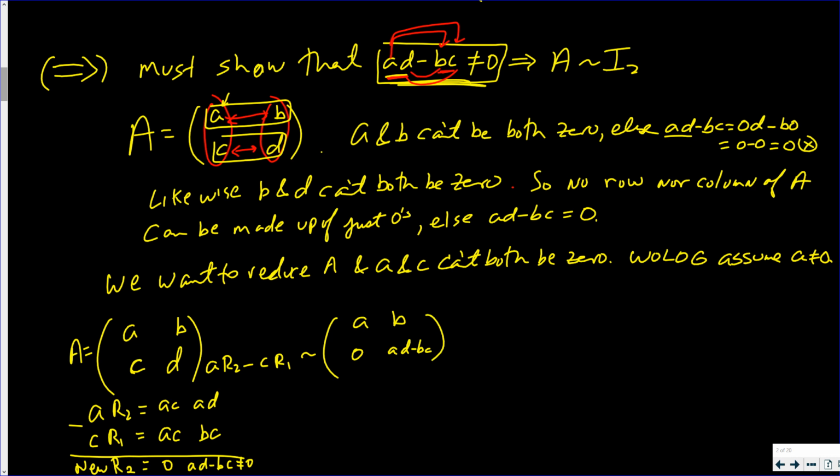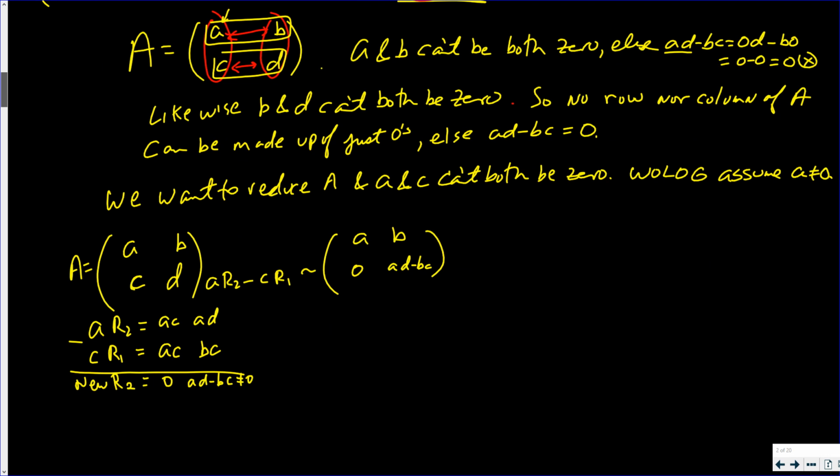Now, in case C was 0, A times row 2 would have been 0, AD, and C times row 1 would have been AC, BC, and if I subtract, remember, if C was 0, this would be 0. So I still get the same row.